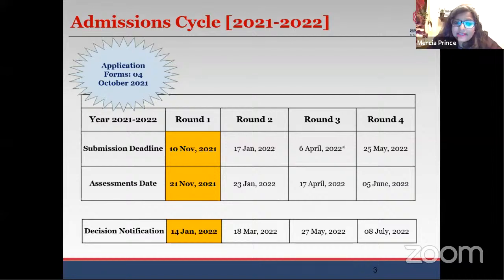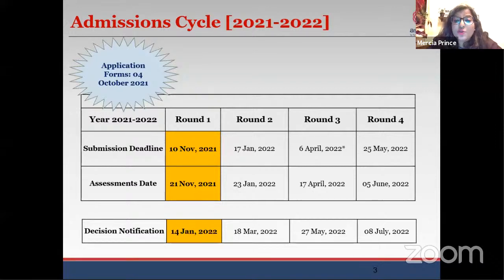Can I just add here that your form, whenever you start, will stay live till the 25th of May, which is the final submission deadline, which is round 4, as you can see on the screen. So you may, but we obviously would encourage you to apply early. That's very important. So apply as early as you can.